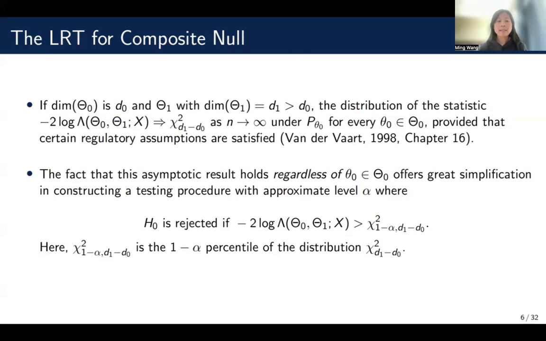The fact that this asymptotic result holds regardless of little theta 0 offers great simplification in constructing a testing procedure with approximate level alpha, where H null is rejected if minus 2 log lambda is greater than the 1 minus alpha percentile of the chi-square distribution with d1 minus d0 degrees of freedom.